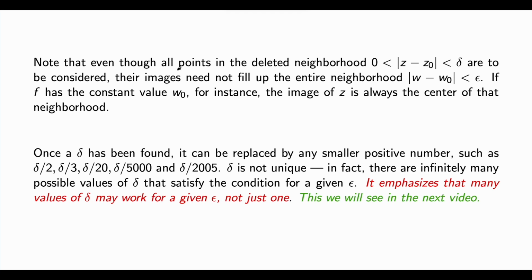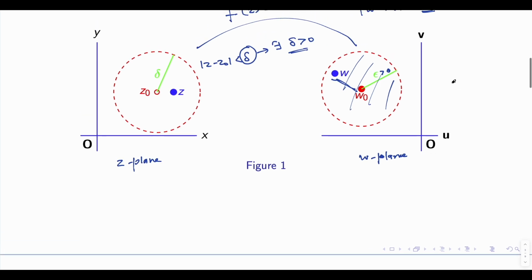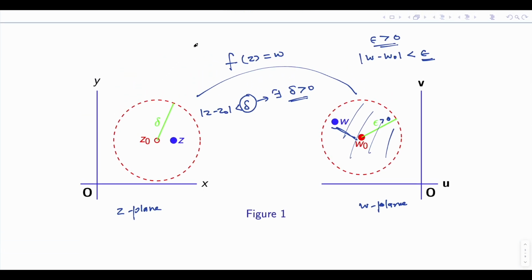So note that even though all points in the deleted neighborhood are to be considered, their image need not fill up the entire neighborhood. If we define my function as some constant, let's say f(z) equal to w naught, which is a constant, then whenever I move in any arbitrary delta neighborhood, I will always be reaching a fixed point w naught.